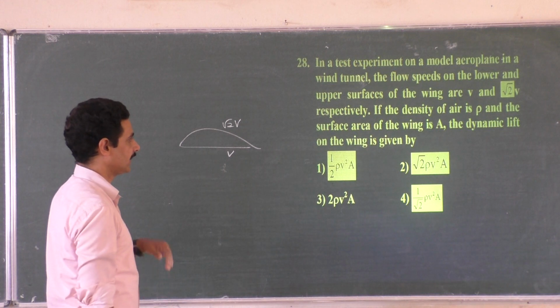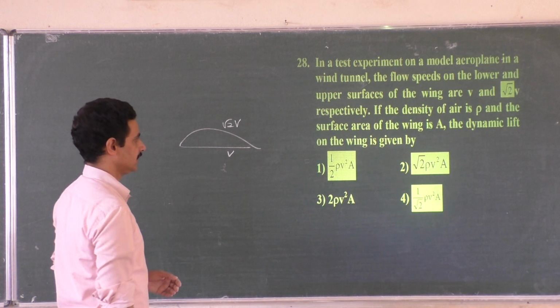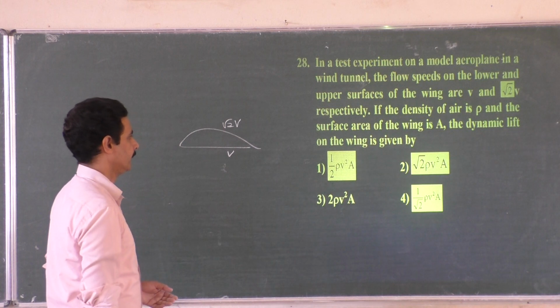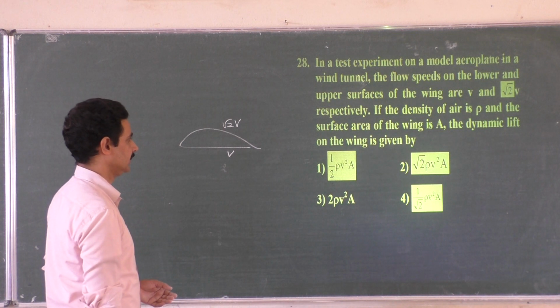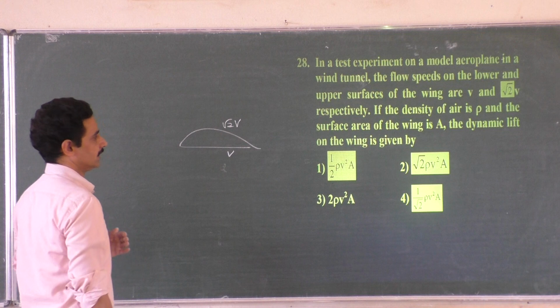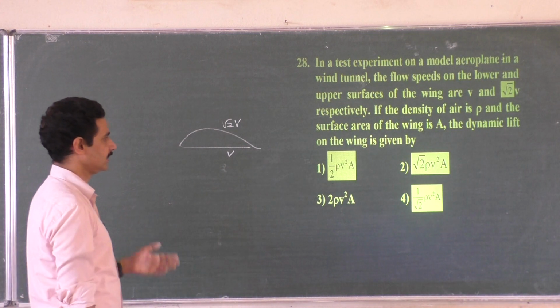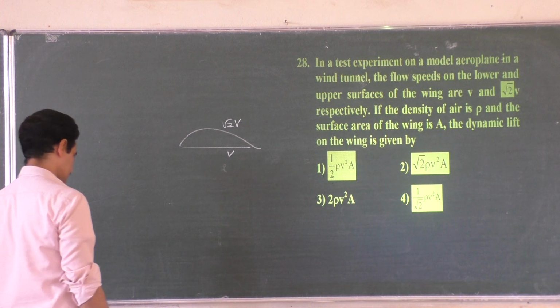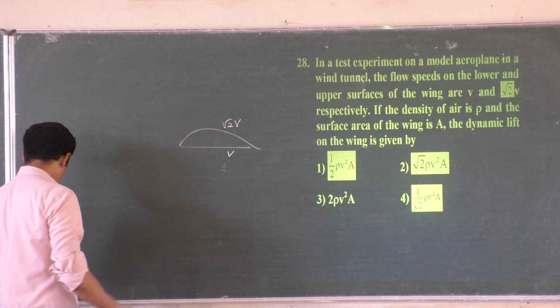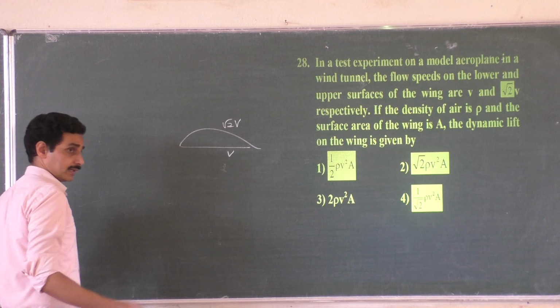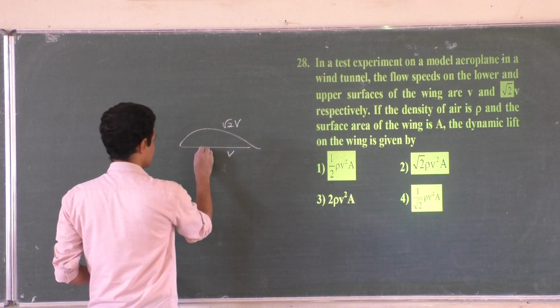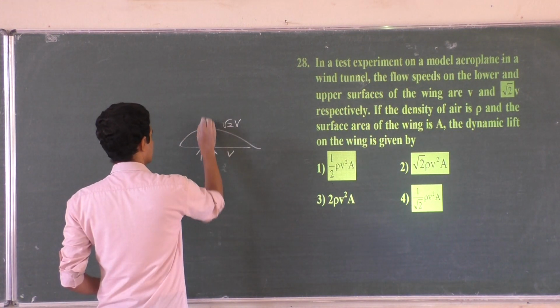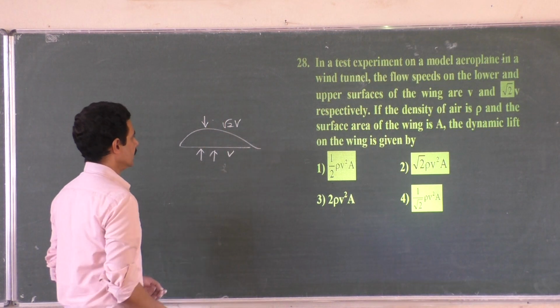If the density of air is rho and the surface area of the wing is A, the dynamic lift on the wing is given by how much? Dynamic lift is that force which is upward thrust. Here the down thrust is less.